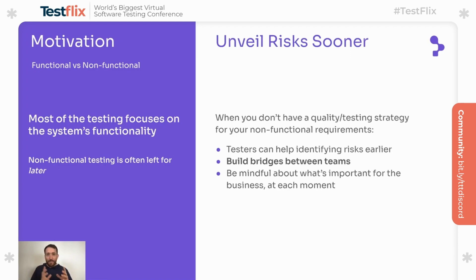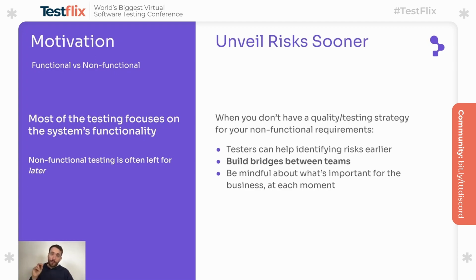So if you incorporate some tools in your activities doing functional testing, maybe you can help to bring the conversation to the table and build bridges between different teams. Maybe ask for collaboration to developers or people in charge of the infrastructure in order to talk about the different risks that you can help identifying earlier.